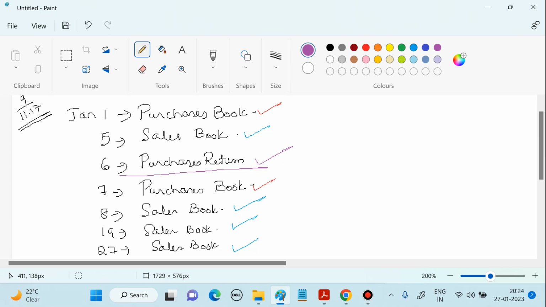Take only the credit purchase or credit sale of goods, the purchase return associated with the credit purchase, and the sales return associated with the credit sale. Take those transactions, then segregate them into the different books. Prepare the different books individually, post those transactions to the respective books, and total it up. Okay? I hope it was clear.